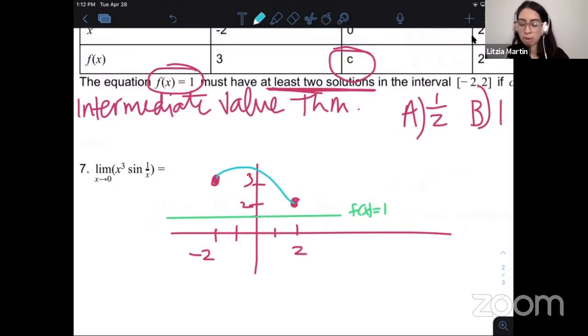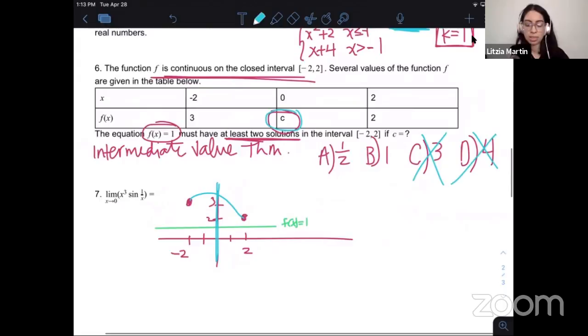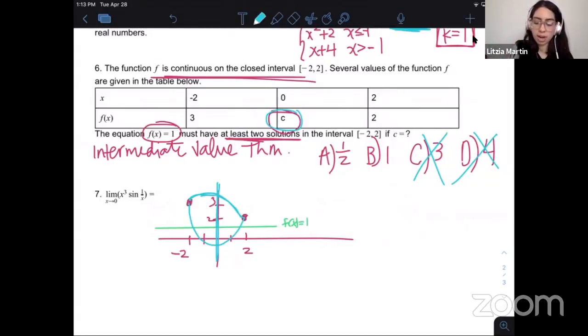So that means our C value here, and I'm looking specifically when x is 0, this C value cannot be 3 or 4 because that's too high of a value, and that means that the function isn't guaranteed to ever go down and through that green line, right? So I can eliminate those options there.